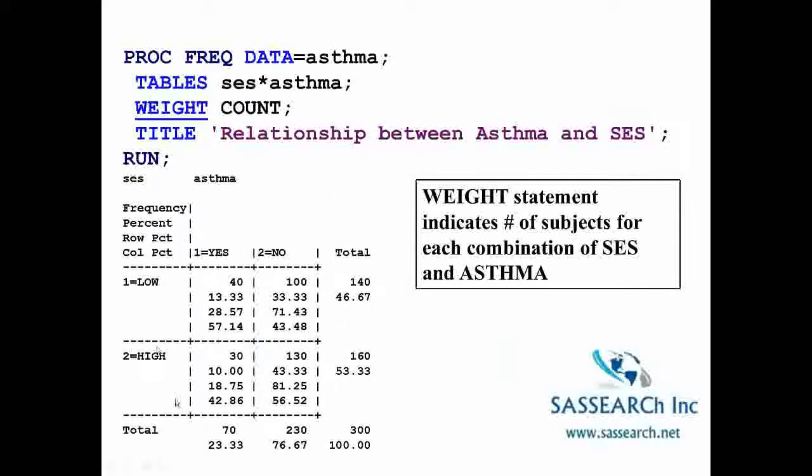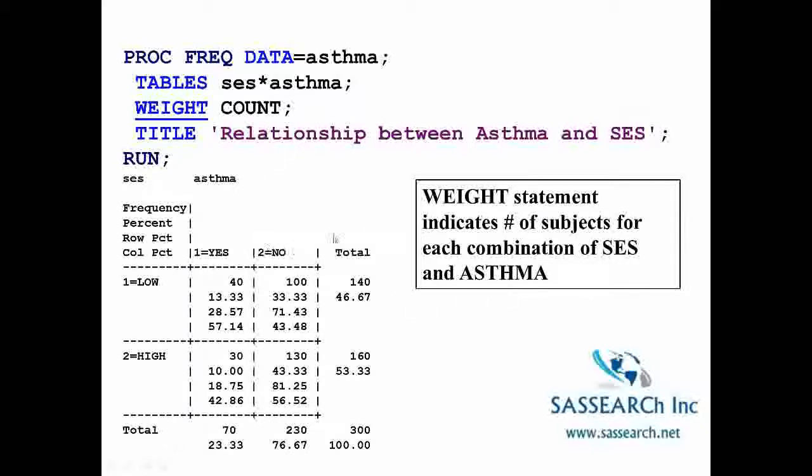And the way that we are able to create a table that shows 300 observations is by using the weight statement. So the weight statement indicates the number of subjects for each combination of socioeconomic status and asthma.